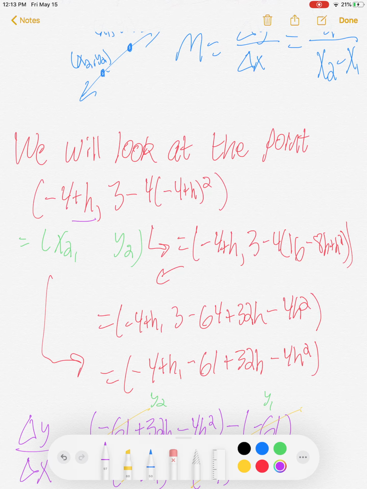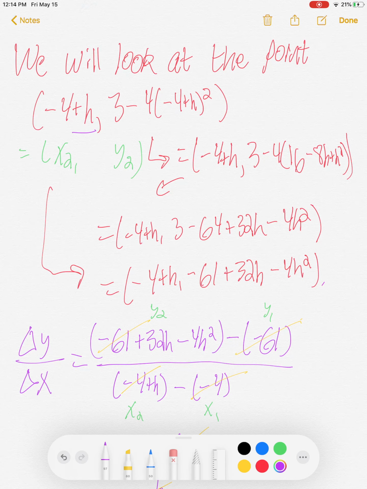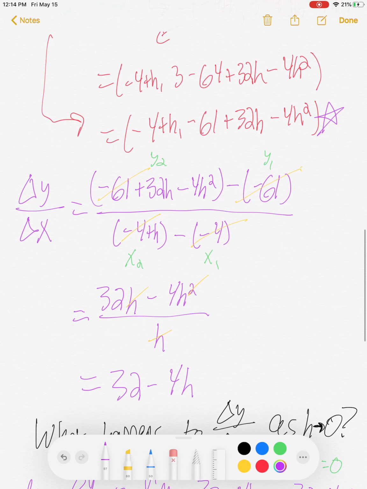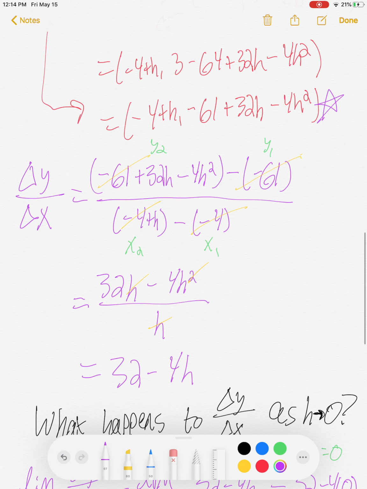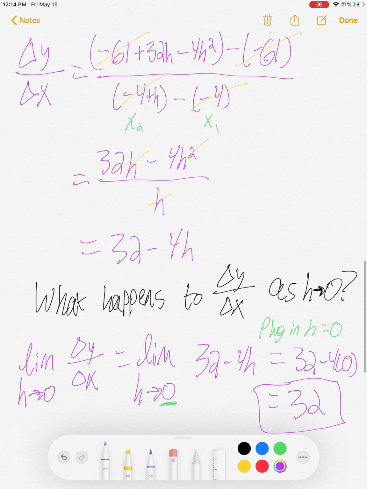So we add h to the x coordinate, and then we throw it into our function, into our formula, in this case for y. And this gives us another point, right? It looks kind of ugly because we've got h's all around, but it gives us another point. We then use our same change in y over change in x formula, which we've done before. And usually you're going to get some nice simplification like we got here at the end.